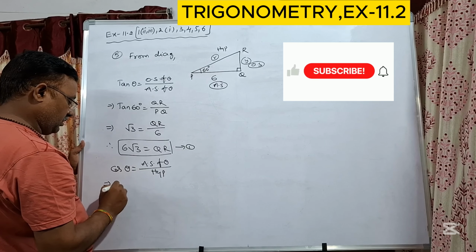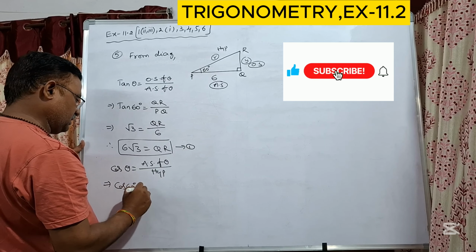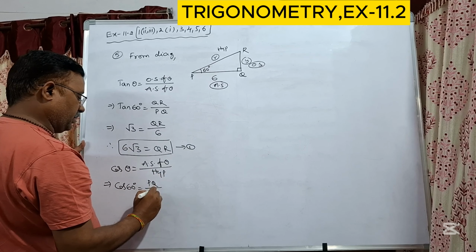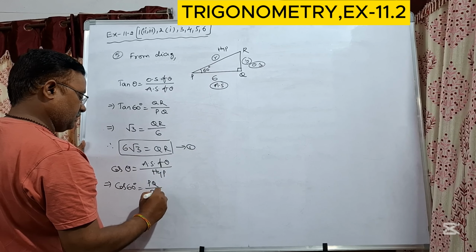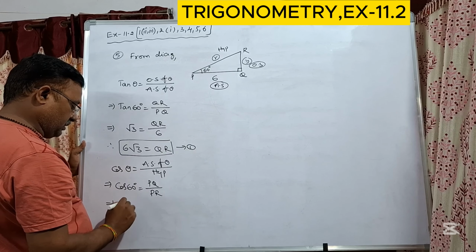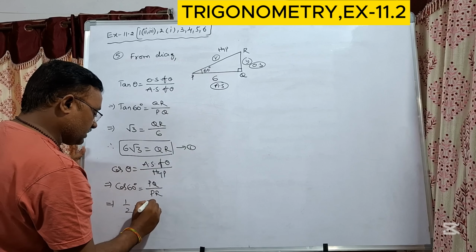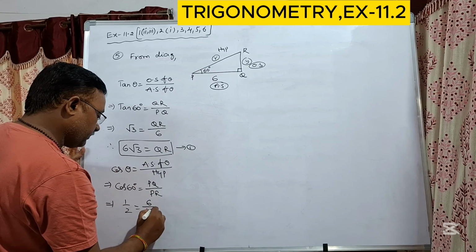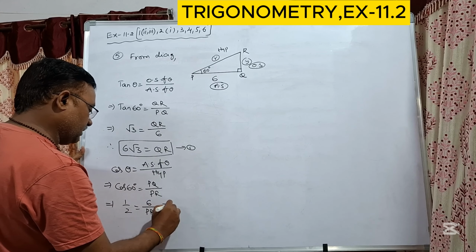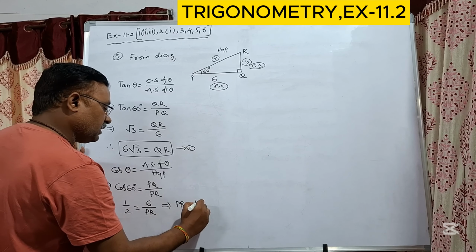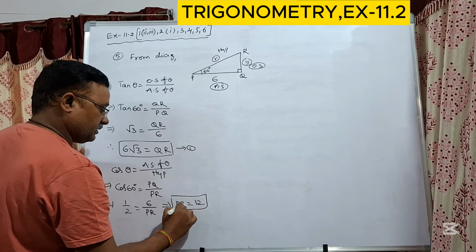That implies cos of the given angle 60 degrees equals adjacent side PQ by hypotenuse PR, which implies cos 60 means 1 by 2 is equal to PQ value 6 by PR. Now do the cross multiplication. This implies PR is equal to 2 6s are 12. That's it. This is the answer.